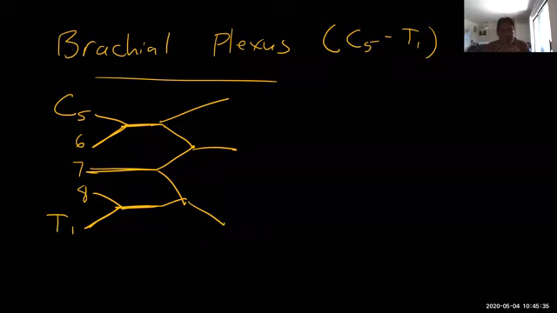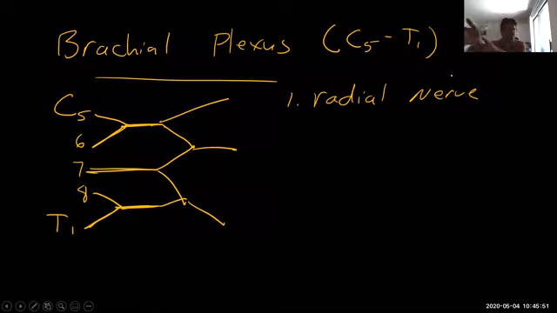The nerves that I want you to know from the brachial plexus are the following. Number 1, the radial nerve. The radial nerve, if you guys remember, is going to go laterally along the forearm by the thumb, and it goes to the extensors of the wrist.